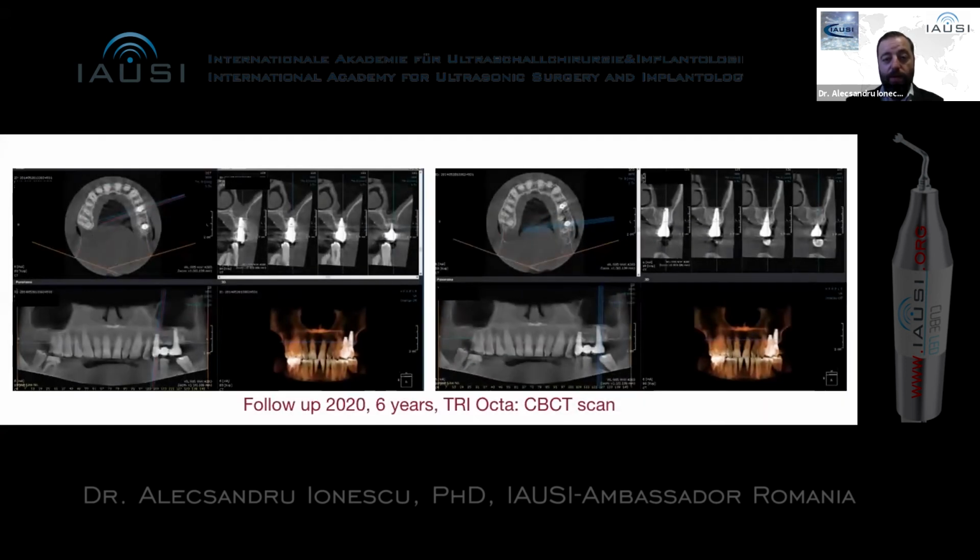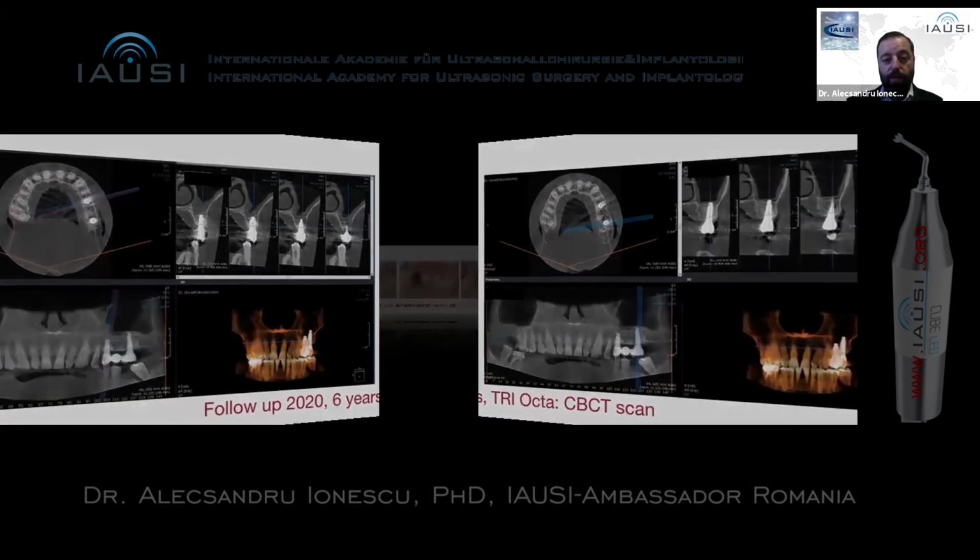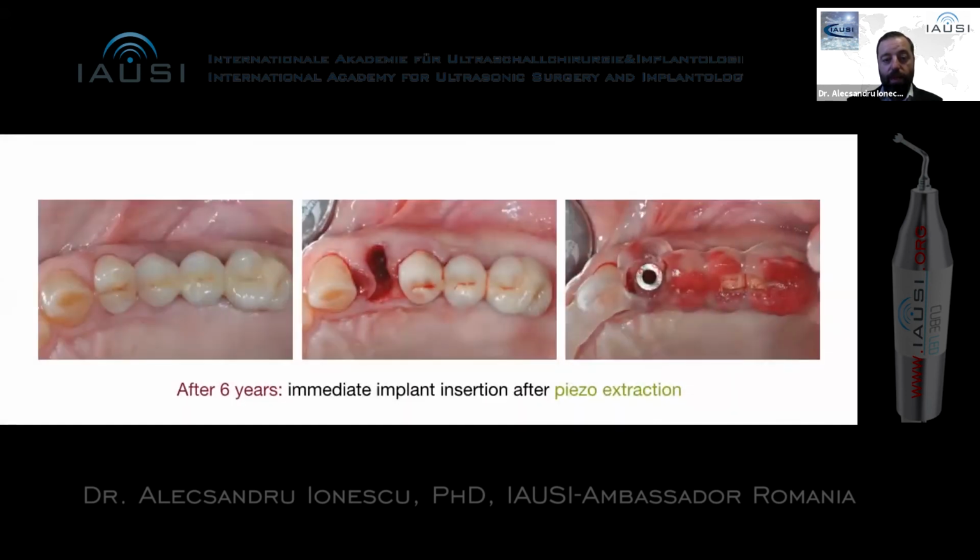And now one more year after this situation, it was a problem with the neighboring tooth. So due to the situation, we had to extract it again with a piezo surgery, and we inserted the first ever tissue level implant that was designed with no abutment.